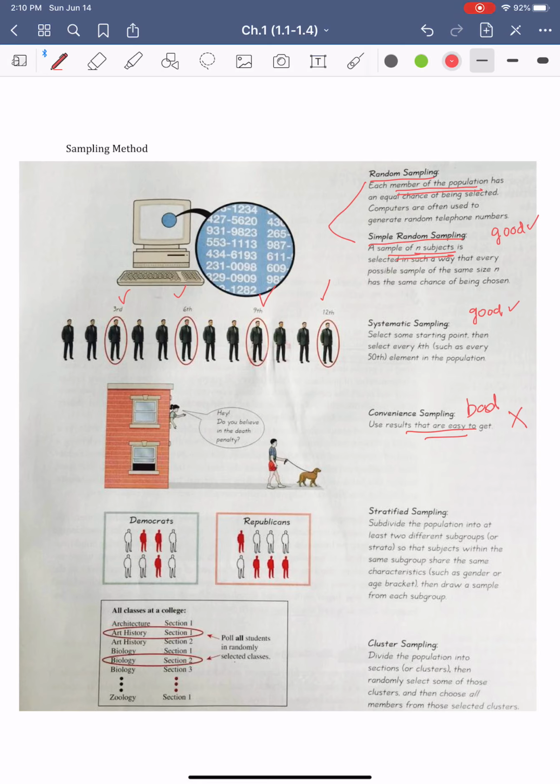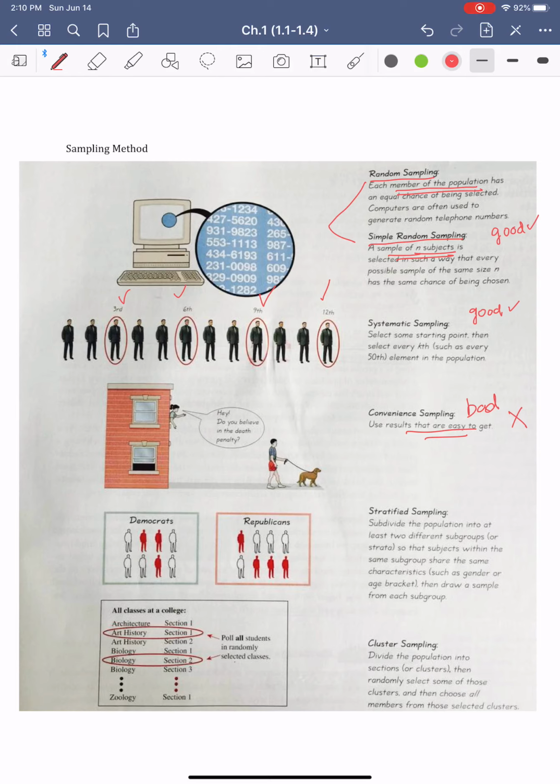Next one, stratified sampling subdivides the population into at least two different subgroups or strata, so that subjects within the same subgroup share the same characteristics such as gender or age bracket, then draw a sample from each subgroup. So basically, you have the whole population divided into some groups known as strata. So here's an example.